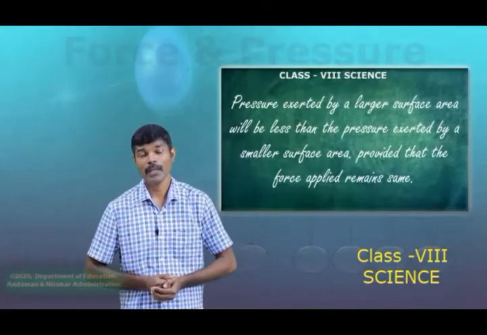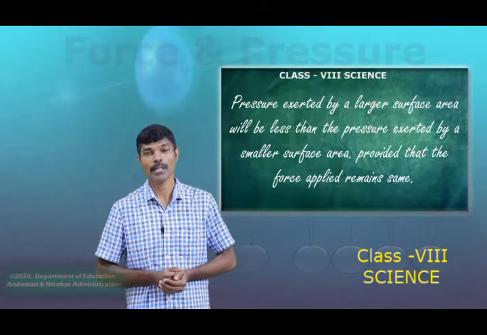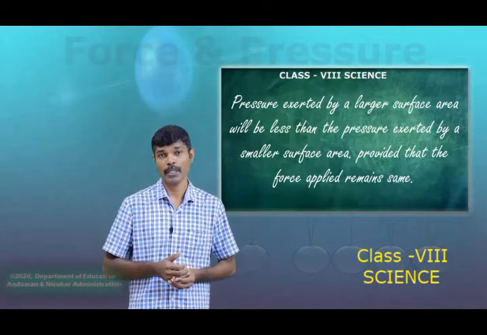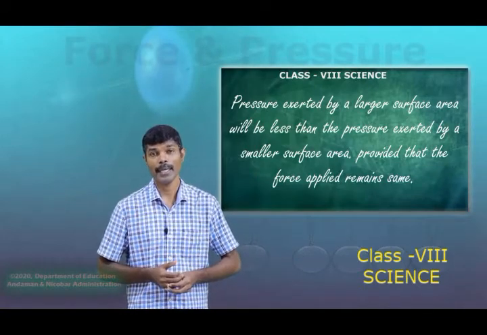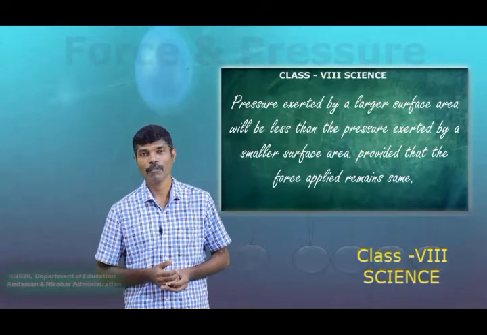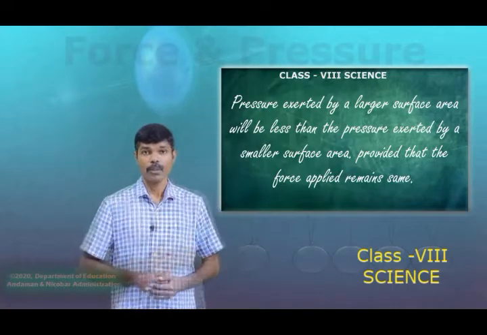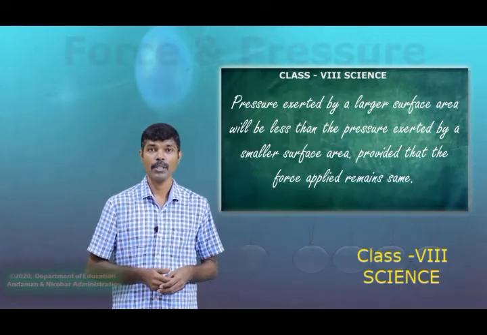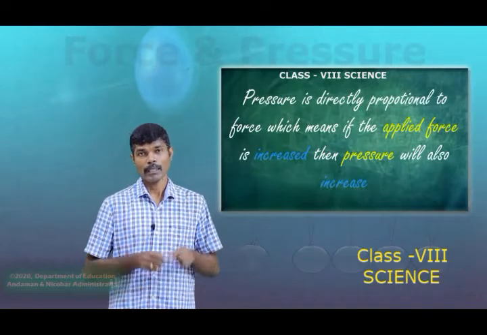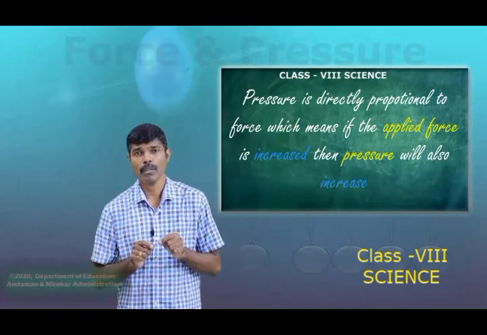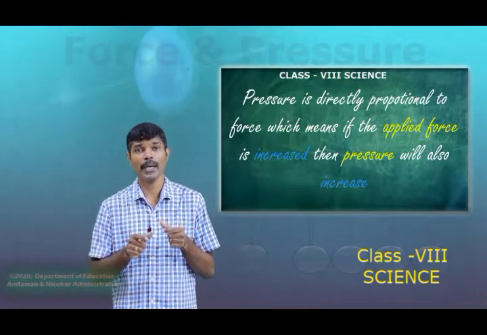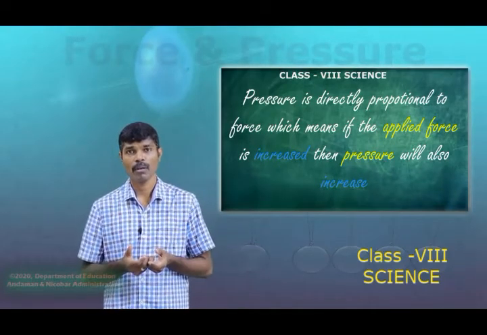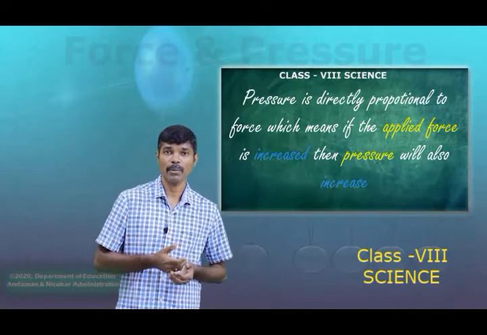From the activity, I believe that you understood how the pressure is different when the area of contact is increased. So pressure is the force acting on a body in unit area. Suppose if the force applied on a particular area is more, then the pressure will also be more.